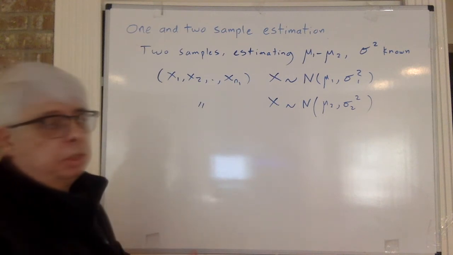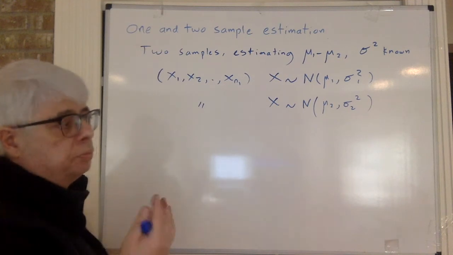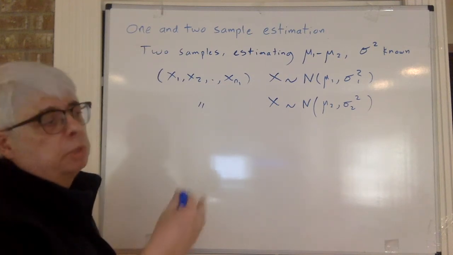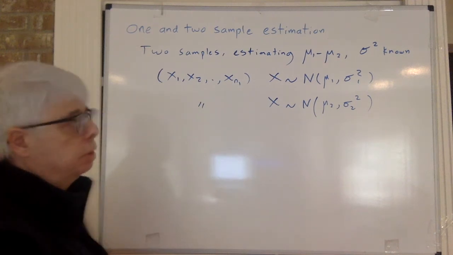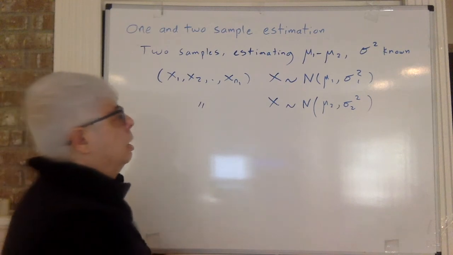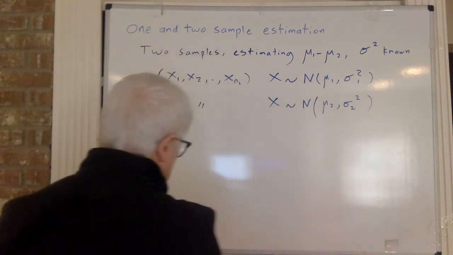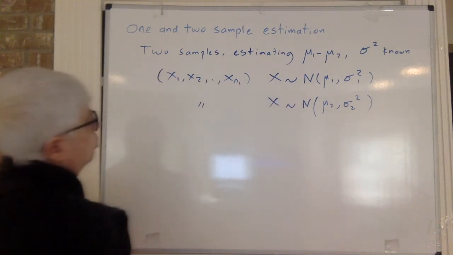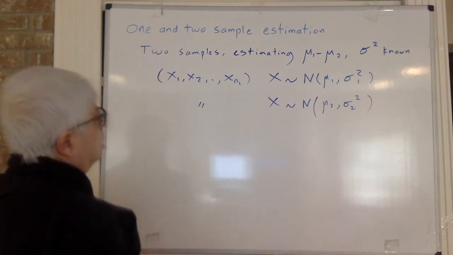And if the cities are far enough, you can say that they're independent, so you can assume they have different mu's and different sigmas. Anyway, that's one example: comparing the average age of two populations in two different cities.